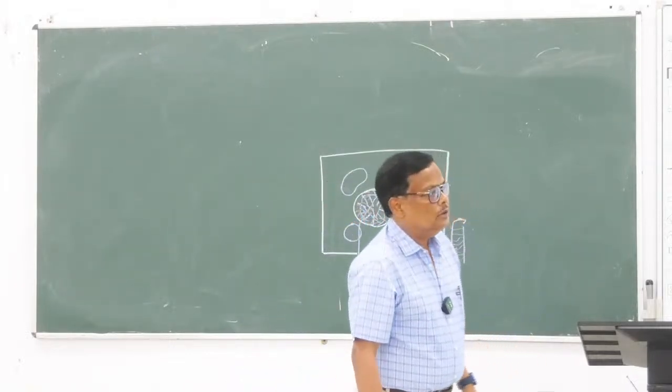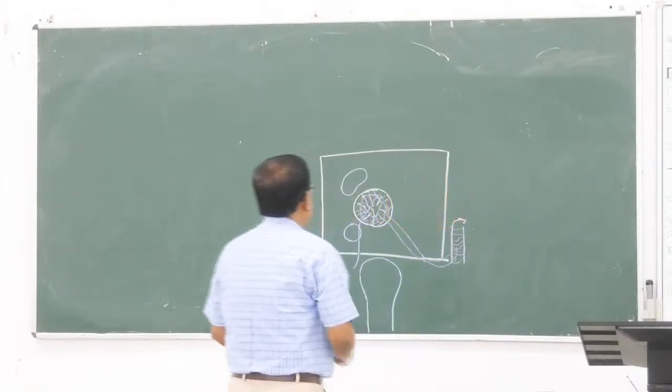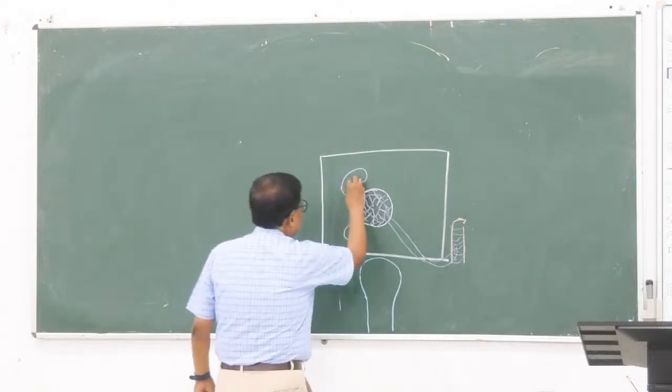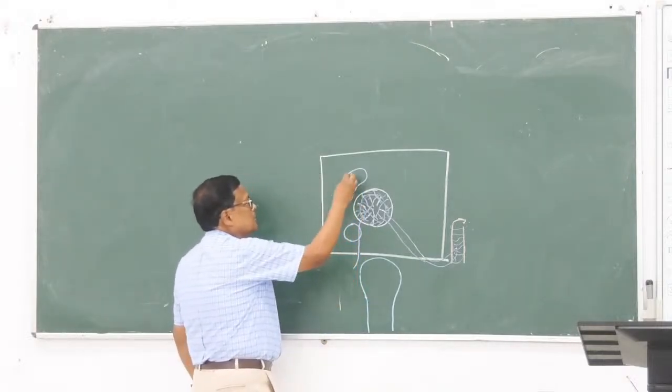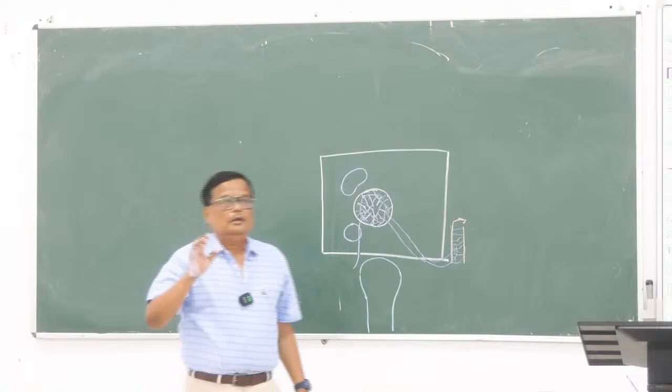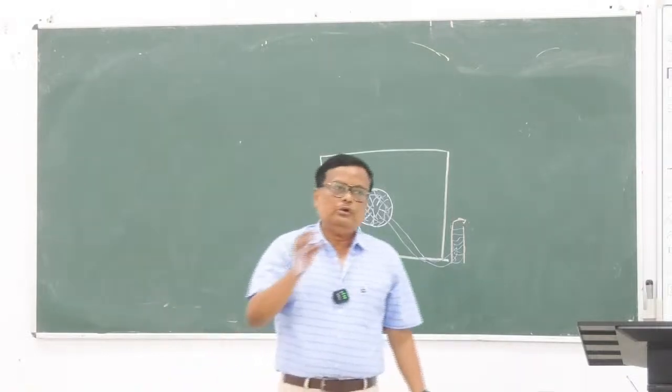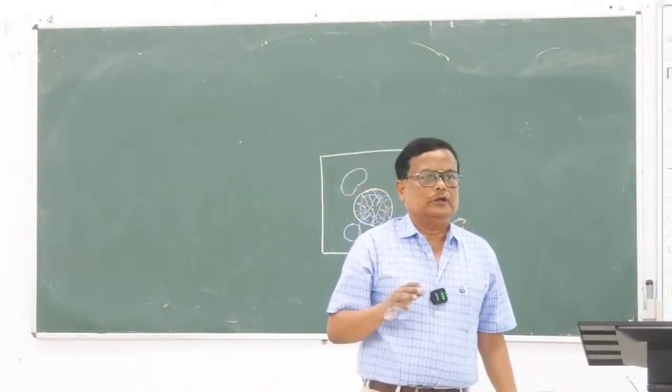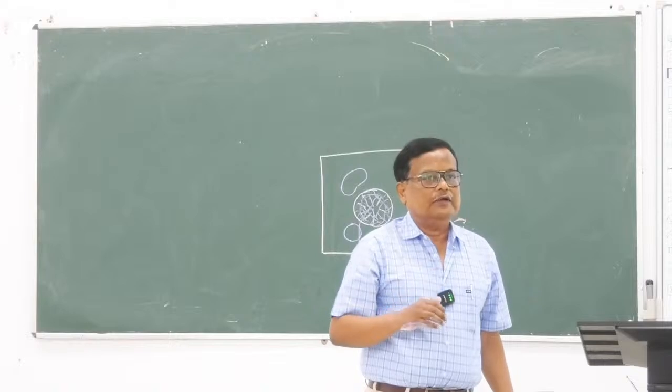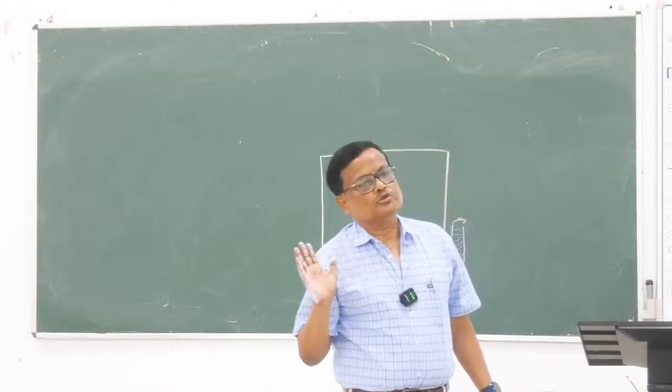Both are windows, so there must be a hole. In a dead body, holes are present, but in the living condition, when the person is alive, both the windows are closed.